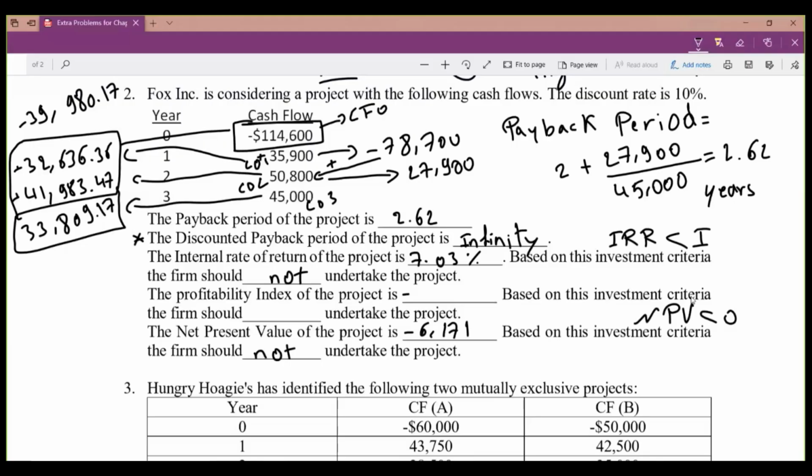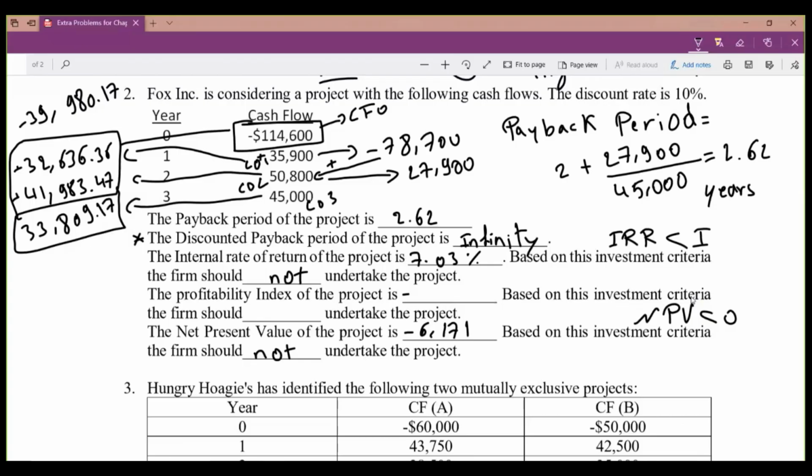Now to compute the profitability index. So here mainly you have two ways. If I had already computed the NPV of the project, I can do the following.